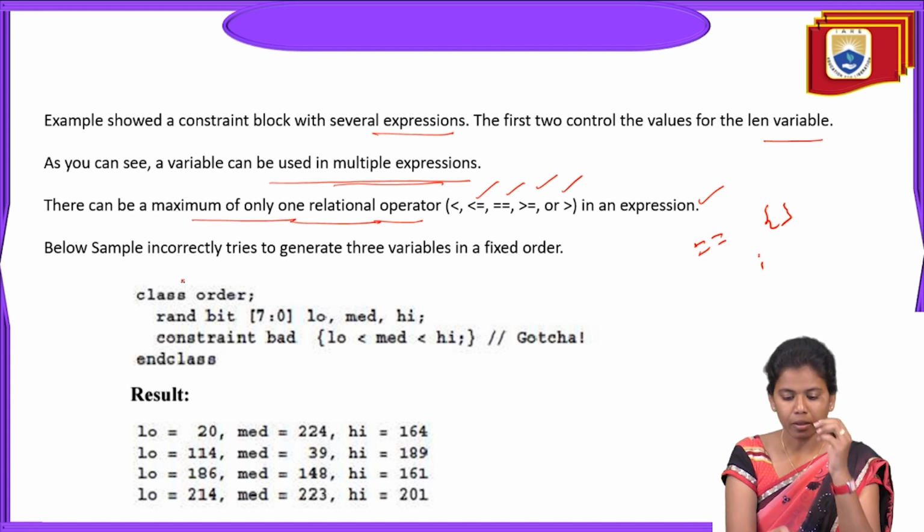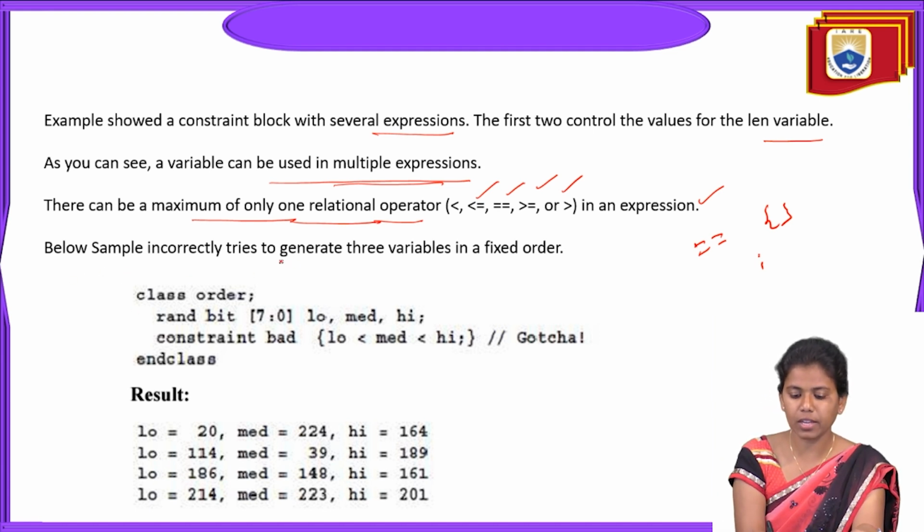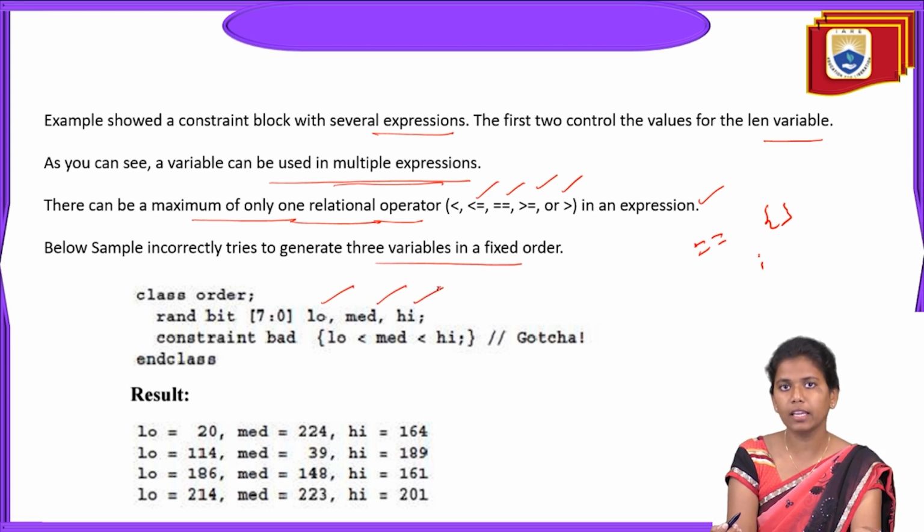Here, the sample below incorrectly tries to generate three variables in a fixed order. Class order, rand bit [7:0], that is low, medium and high. The order here is low, medium and high.